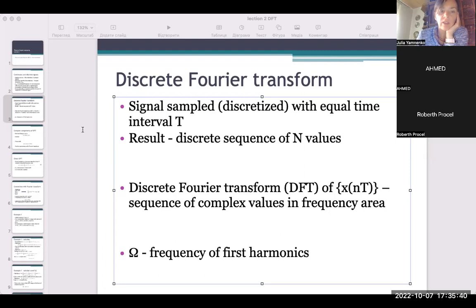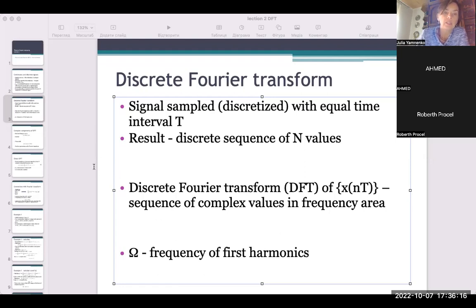And here the counter k appears, as the number of the harmonic and the number of the spectrum component. Then instead of continuous time, of course, we put discrete time moments, that is n multiplied by T, and n also takes the sense of a counter because it can change and indicate the number of the component of the original function, the number of digits in the original signal.